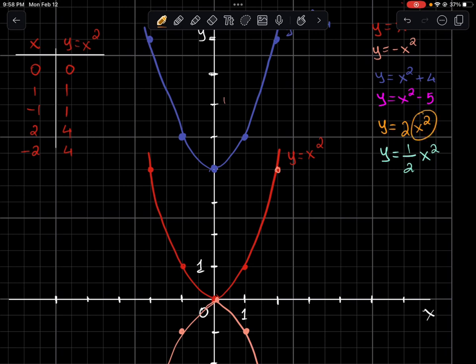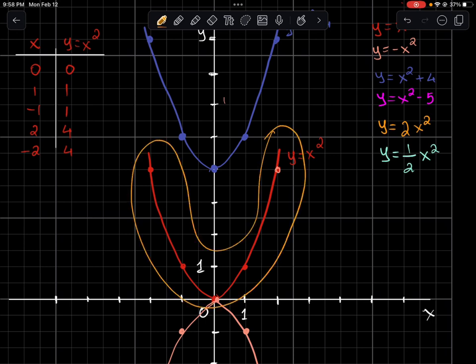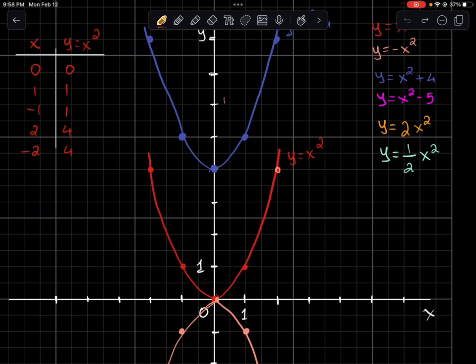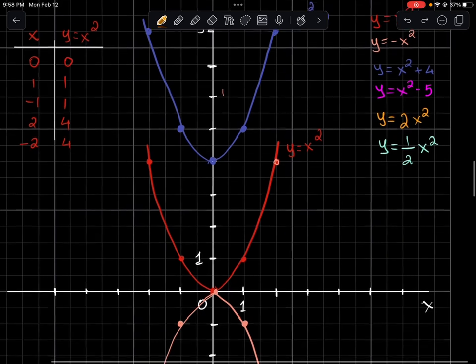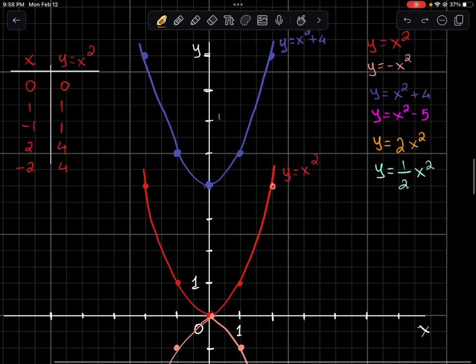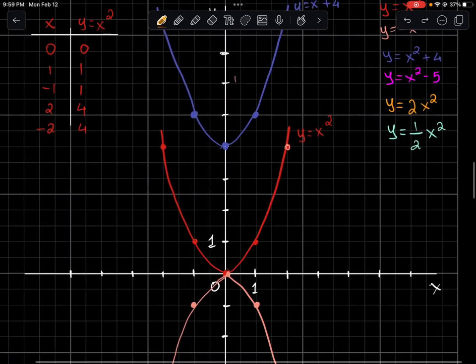So take the x squared that you used to have, make it double, and that's going to give you the new height. Make all the heights of the parent function double. That's going to be the orange or yellow one.